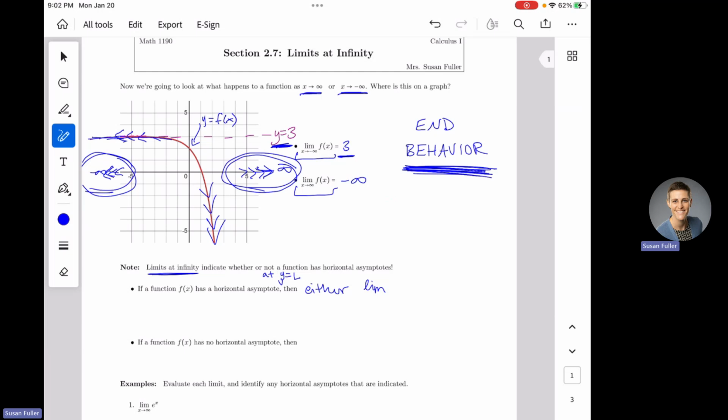If f of x has a horizontal asymptote at y equals L, then either the limit as x approaches infinity of my function is L, or the limit as x approaches negative infinity of my function is L. Both sides could approach L. It could be an and here. The limit from the left and the right could both be L, and y equals L would still be a horizontal asymptote for you.